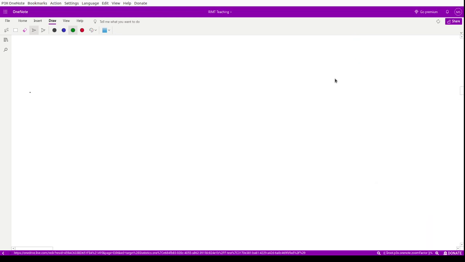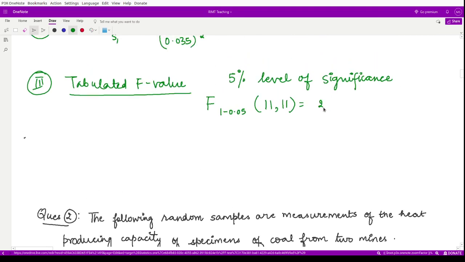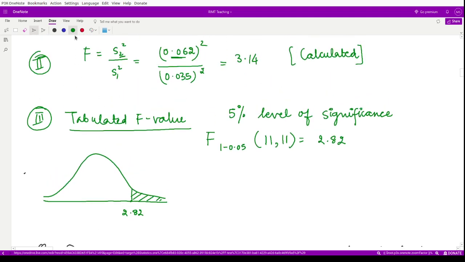So this is your tabulated value, 2.82. Now in order to determine whether you will accept or reject the hypothesis, in this case we are having a one-sided tail. The tabulated value is 2.82, and the calculated value 3.14 is higher than this value, and therefore it will lie in the critical region. So you will reject H0. If you reject H0, therefore you will accept the alternative hypothesis H1.